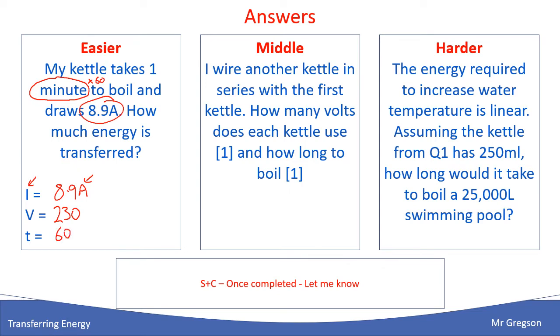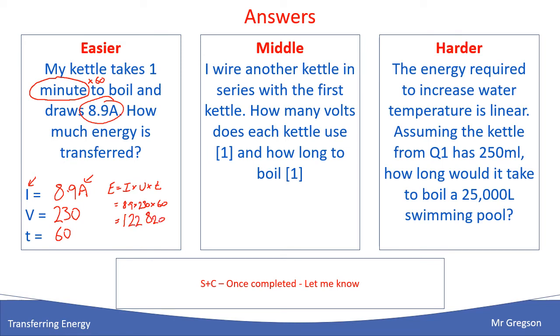Then we take our equation, so we've got E equals I times V times T, and that's going to be 8.9 times 230 times 60, and if I get my calculator out, that will be 8.9 times 230 times 60 equals 122,820. What a lovely number that is, 122,820.